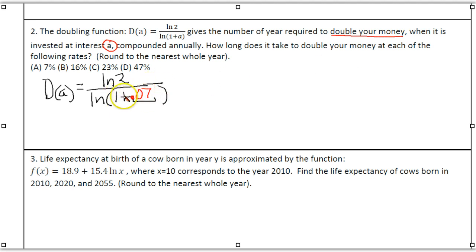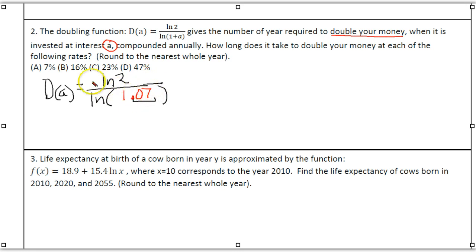So in a sense, we can just take that away, and this will become 1.07. So we're going to say natural log of 2 in our calculator divided by natural log of 1.07.